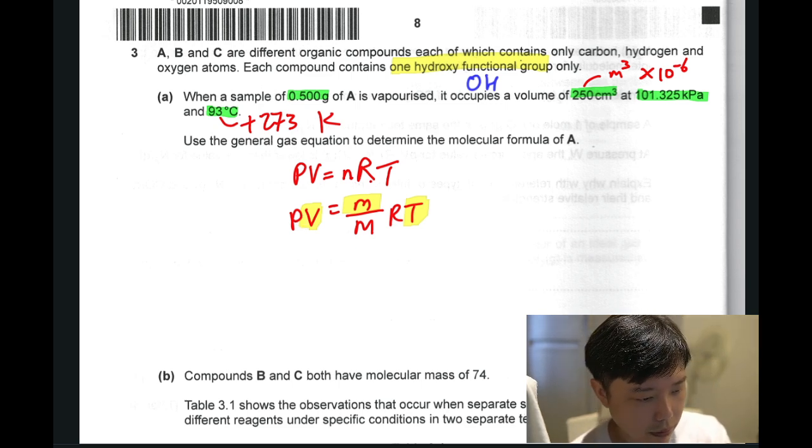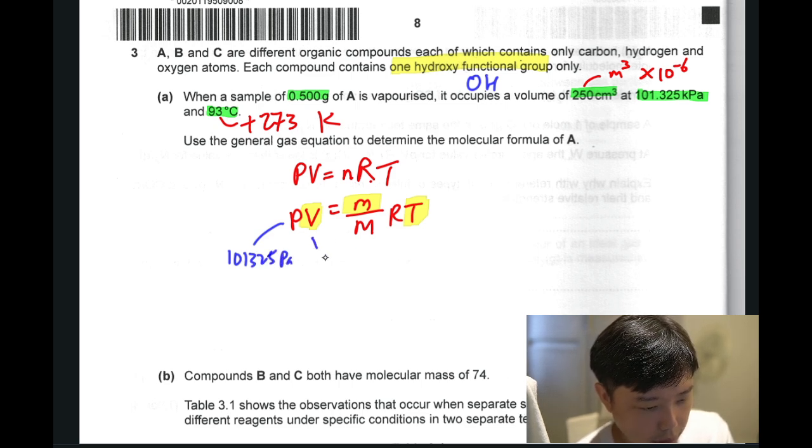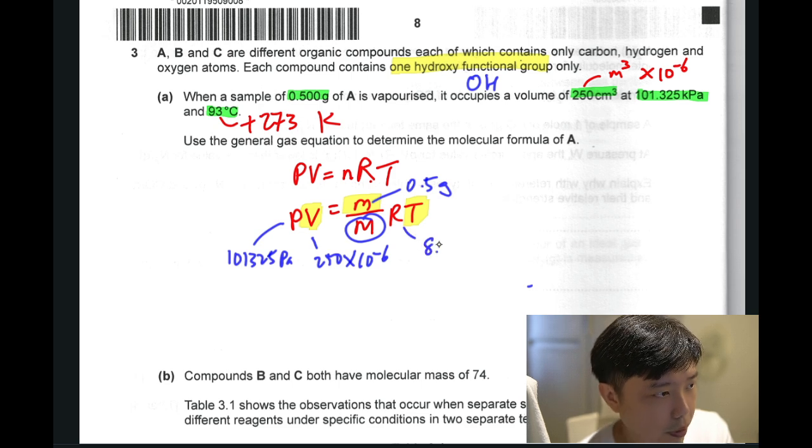Pressure will be 101325 Pascal. Then volume will be 250 times 10 to the power minus 6. Mass will be 0.5 grams. This is our unknown. R is 8.31. T is 93 plus 273.